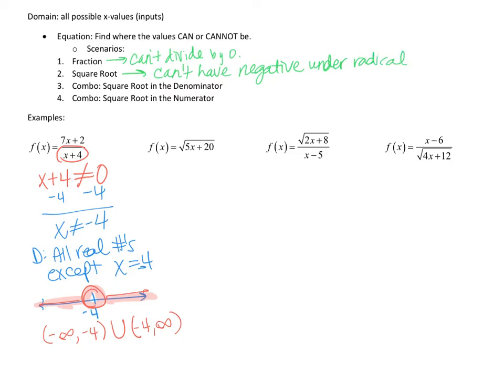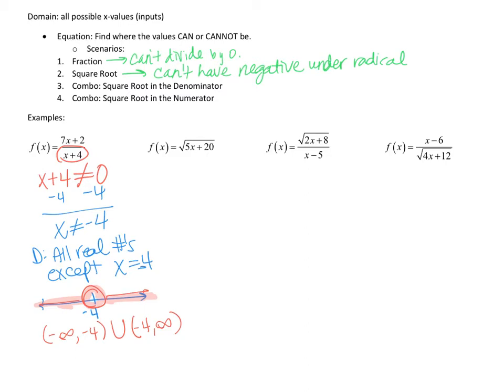Instead of saying it's not equal to 0 like last time, this time we're going to say it must be greater than or equal to 0. I can have the square root of 0, it's 0, but I can't have the square root of a negative number.